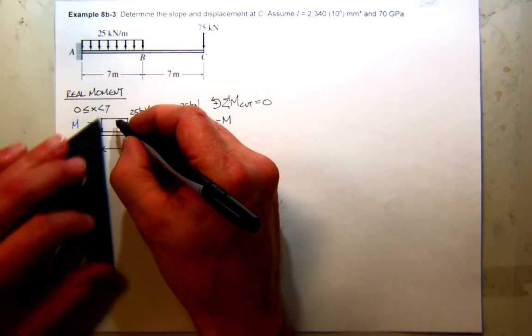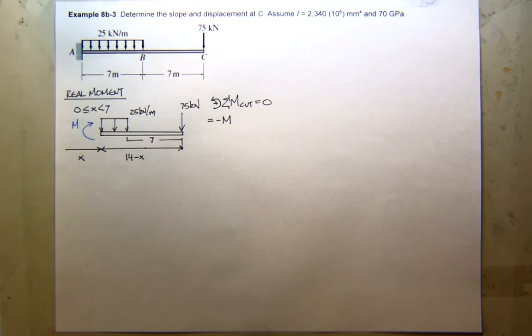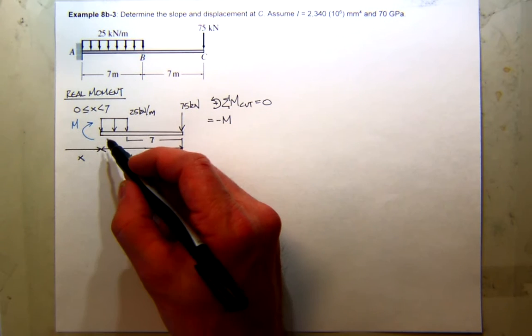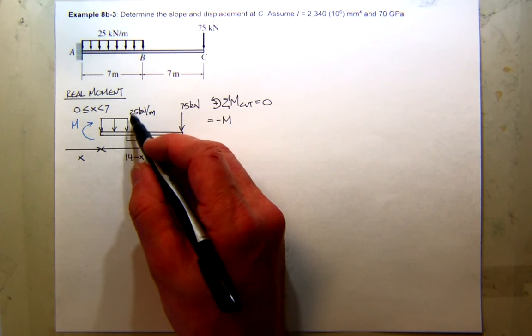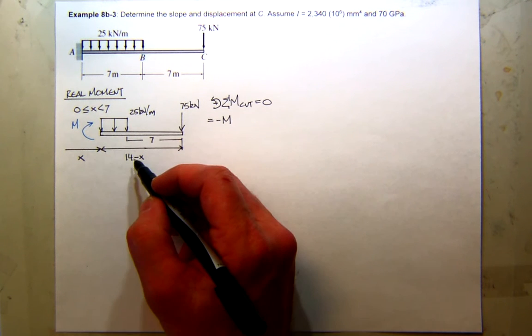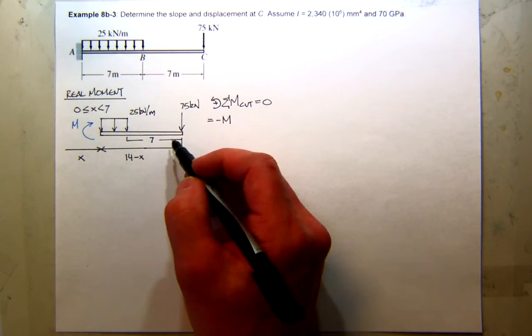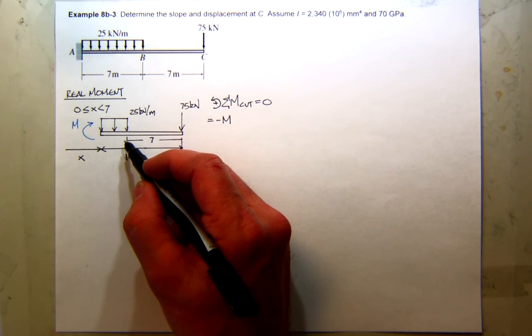Now I've got this distributed load here, right? I got to make a concentrated equivalent force of that. What would it be? What's the area under this curve? It would be base times height. What's this base distance? If this is 14 minus x, and you subtract 7, you get 7 minus x. So the base is 7 minus x.